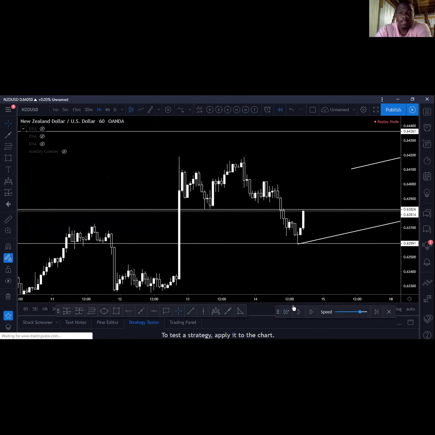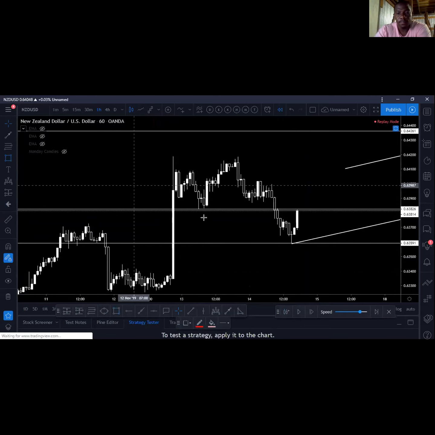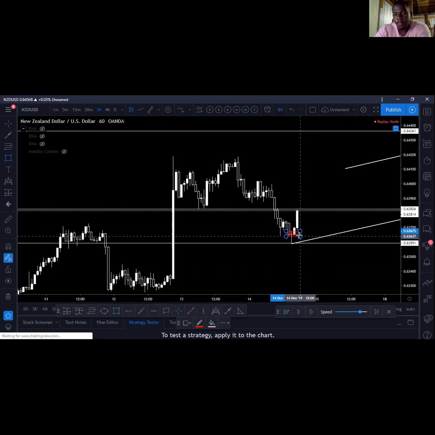So we got a nice swing right here, a nice engulfing candle, engulfing this candle directly to its left. So if I wanted to draw a zone, I could draw the area here, or even if I wanted to bring it down a little further.